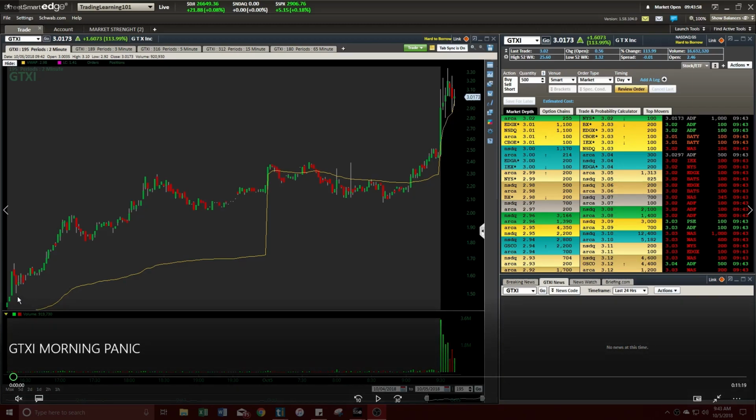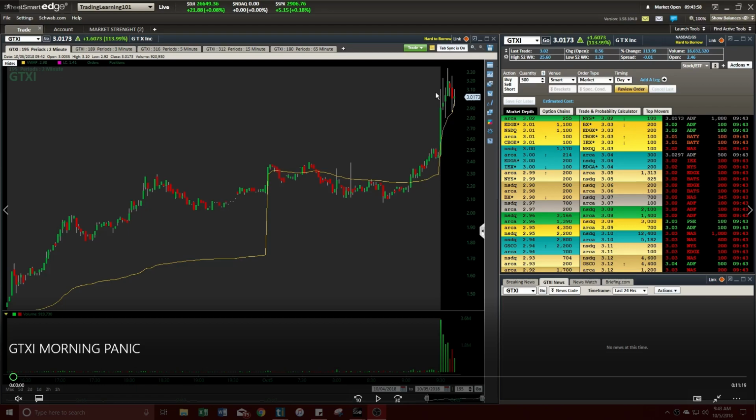This is up after hours from $1.50 up to $3.30. We've seen here it had resistance at $2.40, and it had pretty much a dollar spike right here.